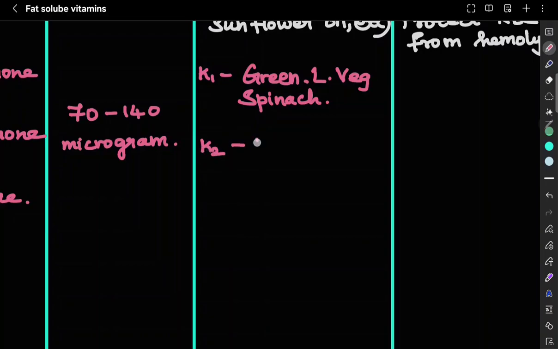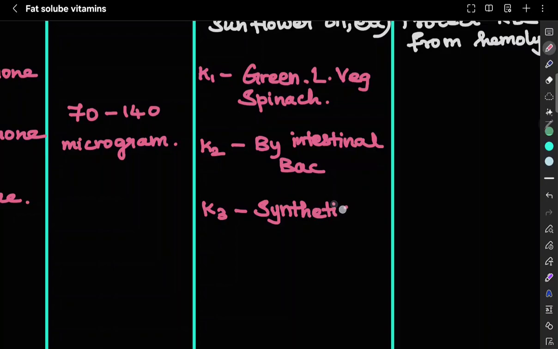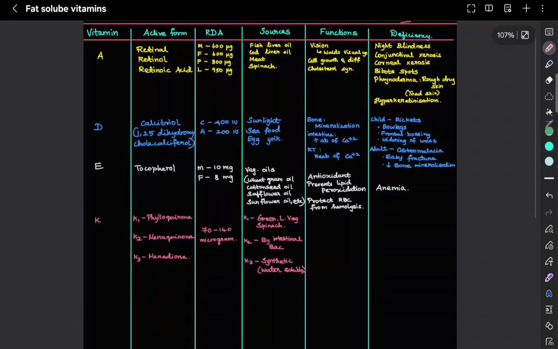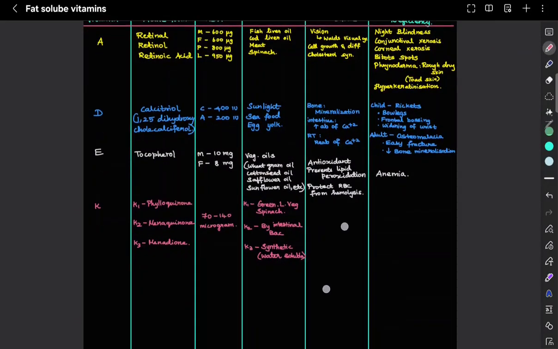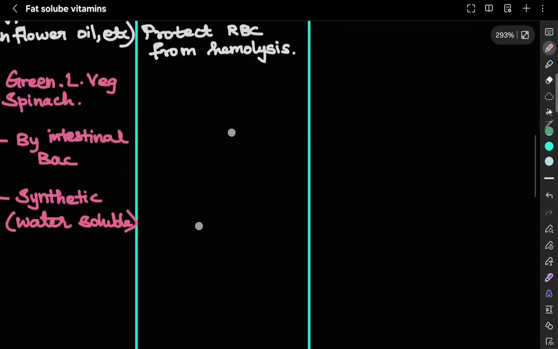So K2 will be produced by intestinal bacteria, and K3 is synthetic and water soluble. And this is water soluble, so not fat soluble. Here we are studying only about fat soluble, but K3, remember, it is water soluble and it is synthetic.